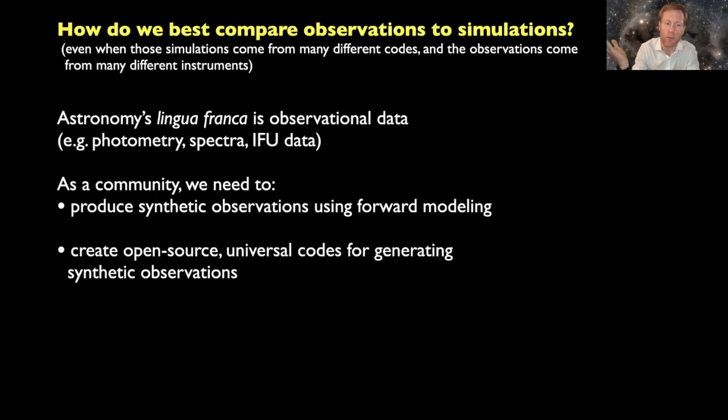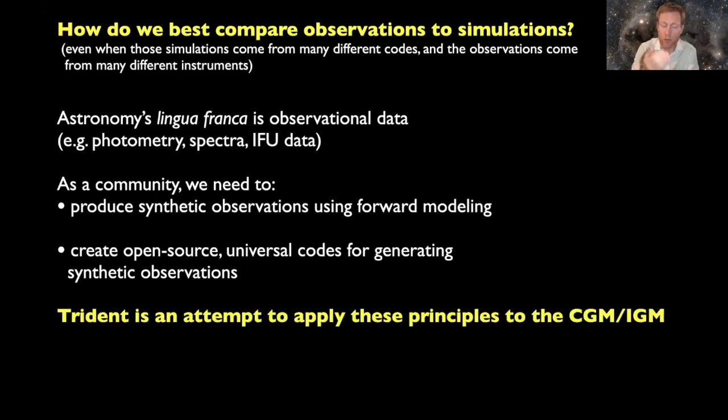And then create open source universal codes for generating these synthetic observations so that regardless of the resources of the research group, everyone can be level-footed and be able to use these tools and compare them one-to-one against each other and against the observational data. So Trident, which leverages YT and borrows heavily from the infrastructure in YT, is an attempt to apply these principles to the circumgalactic medium and the intergalactic medium data set space.